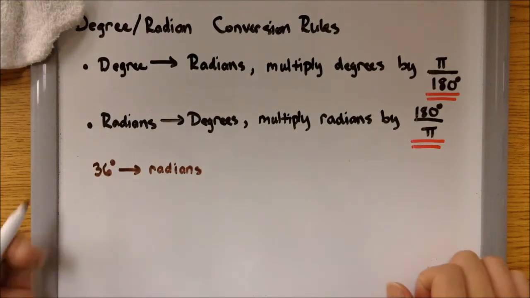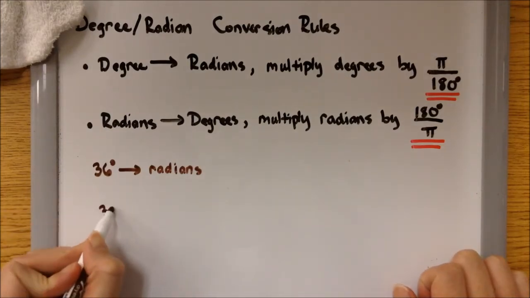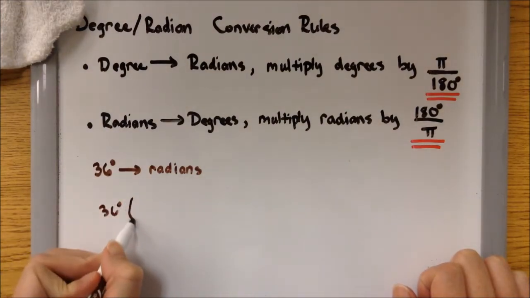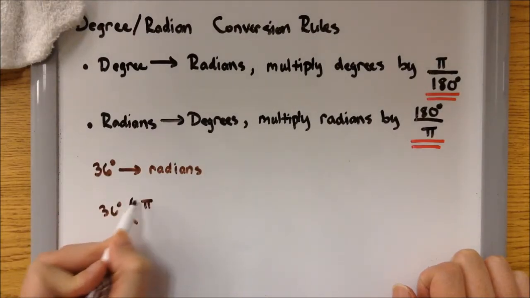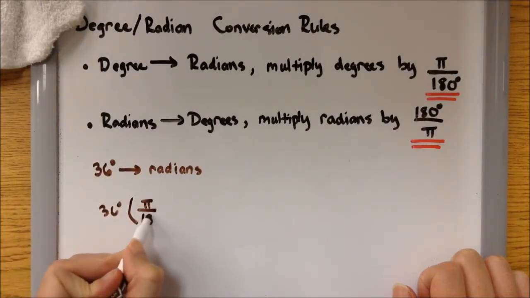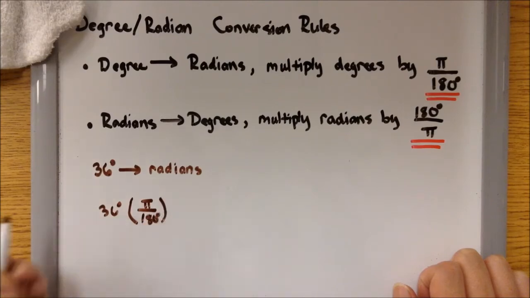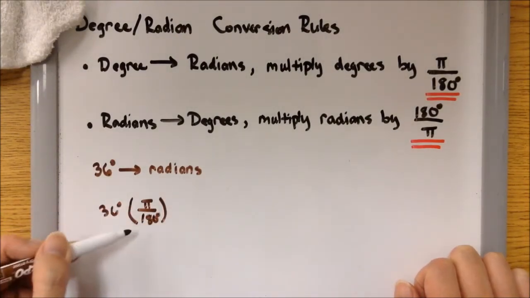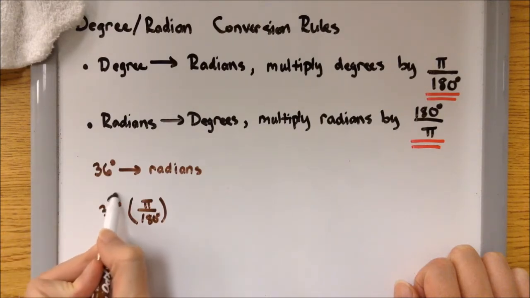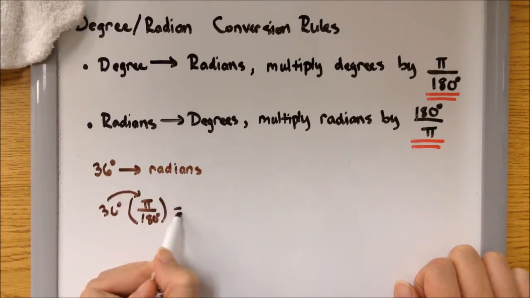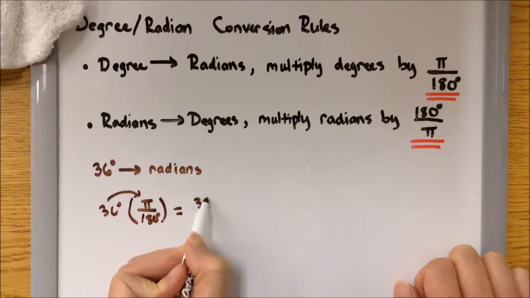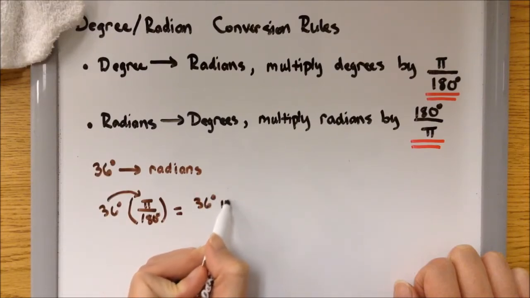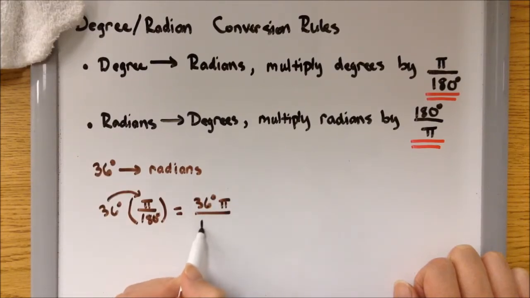So just like before, multiply 36 degrees by pi over 180 degrees. Again, when multiplying a whole number to a fraction, multiply the whole number just to the numerator. So it's going to be 36 degrees pi over 180 degrees.